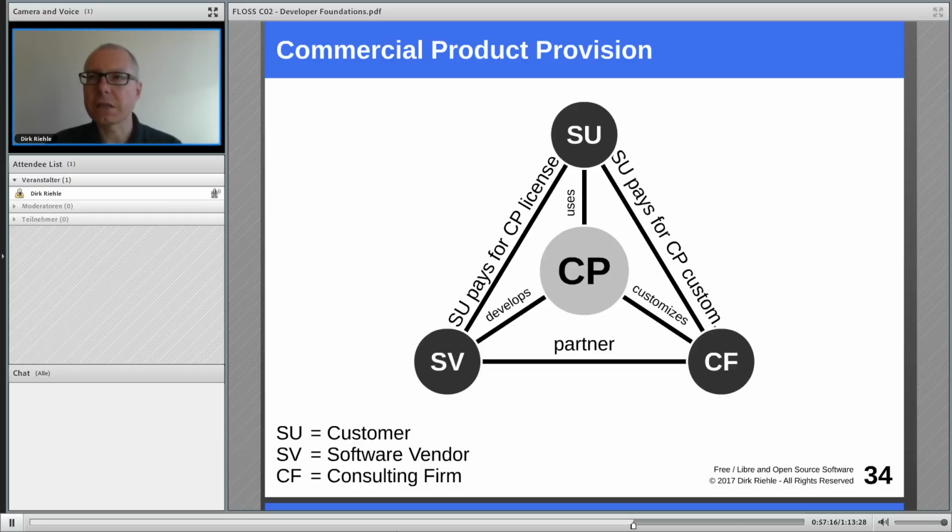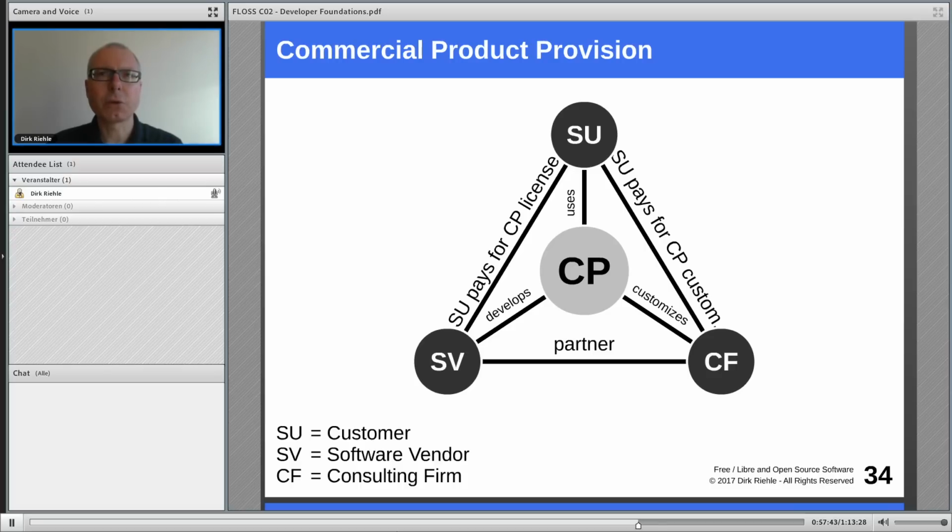And then the software user, maybe the company, the customer, also pays a consulting firm to implement the software in its data center. Not shown here is a service provider. If the software user doesn't want to operate the software themselves, they could perhaps use a service provider who runs the software for the software user in the service provider's data center.